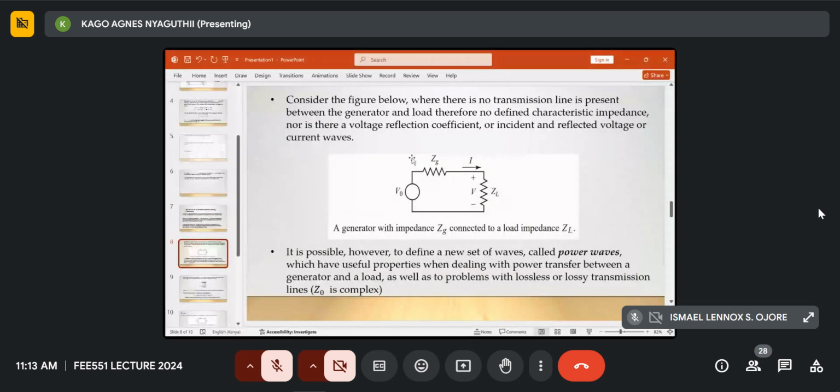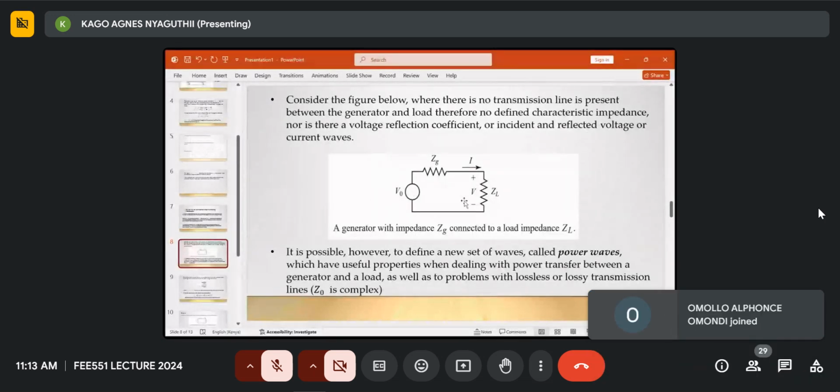So consider the figure below where there is no transmission line present between the generator and the load. As you can see, it's just the generator and then the generator impedance straight to the load. So there's no characteristic impedance for the transmission line, no reflection coefficient, and no incident or reflected voltages.